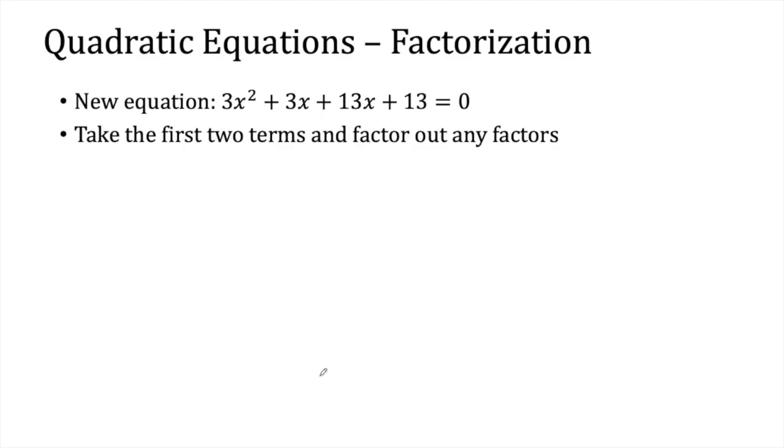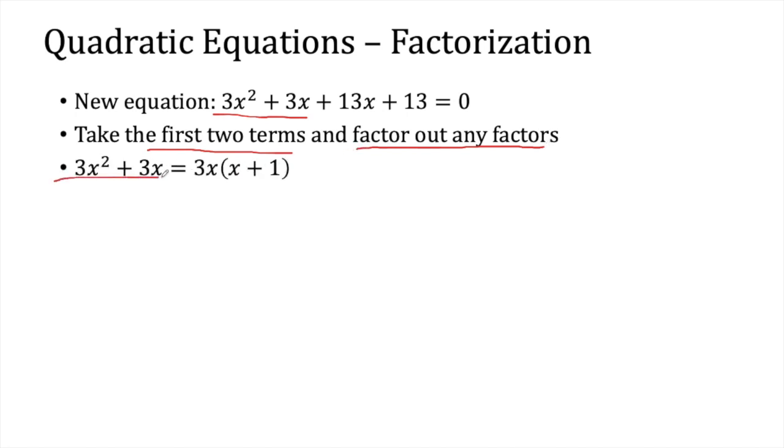Now what we'll do is take the first two terms, which are 3x squared and 3x, and factor out any common factors. So 3x squared plus 3x has a highest common factor of 3x, which means that if we divide both of these terms by 3x, we will get two numbers that are relatively prime.